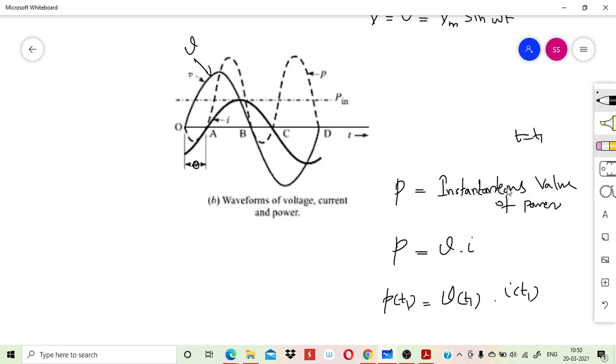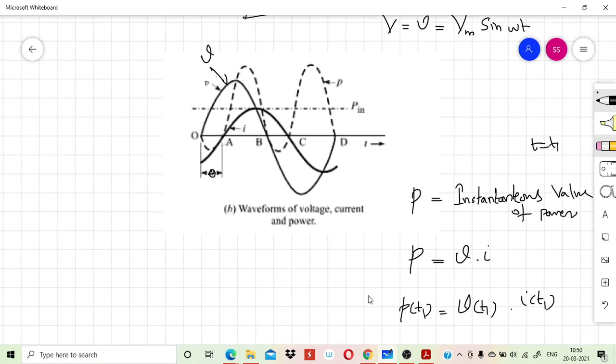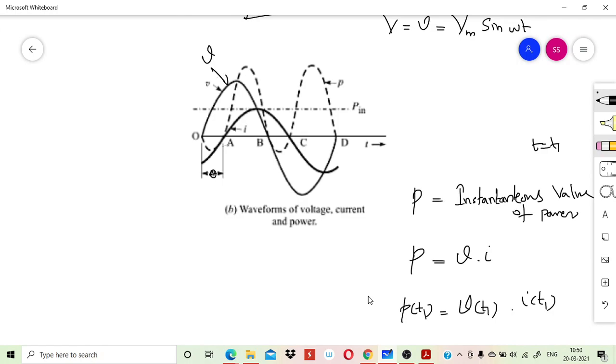So in general, p equals v into i, where v and i are functions of time. Then we will get the waveform of the power like this. This is our power waveform.